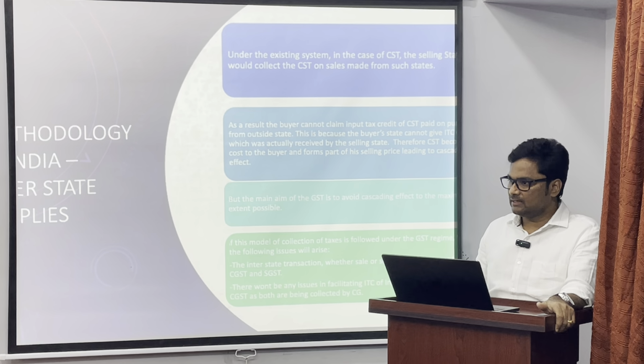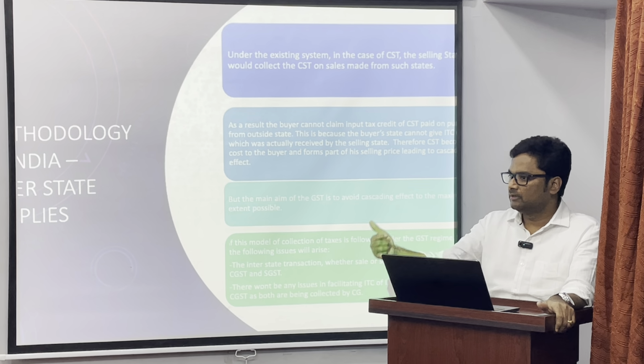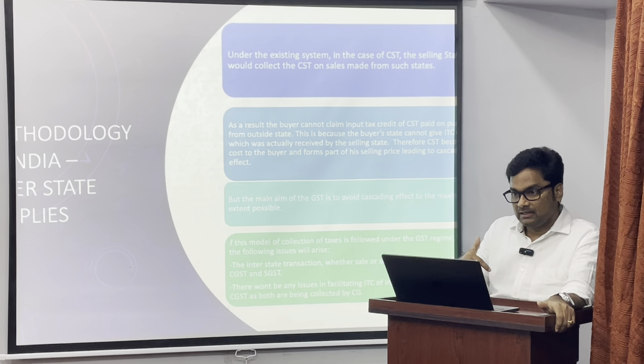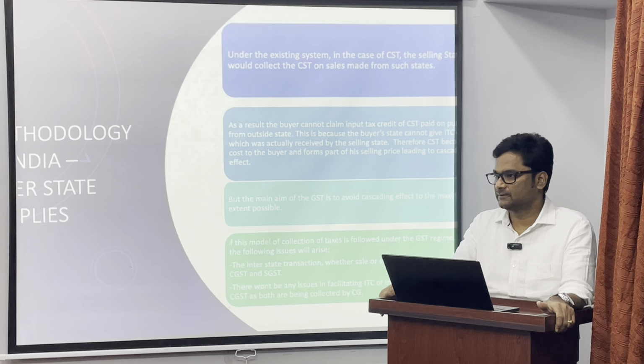That means A of Andhra Pradesh is selling goods to B of Telangana. So the sale is taking place from Andhra Pradesh to Telangana. So CST will be collected by the Andhra Pradesh state government.